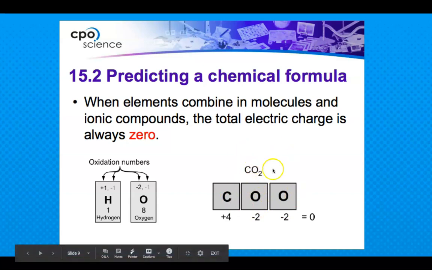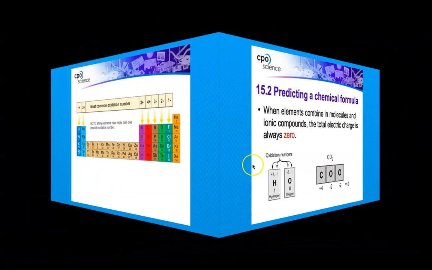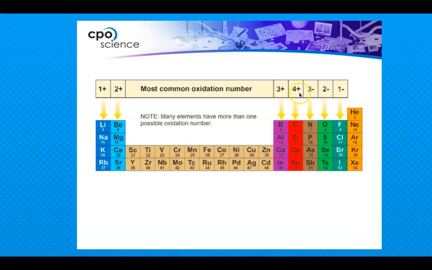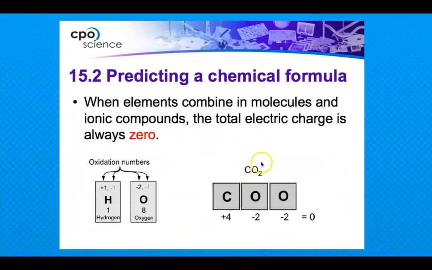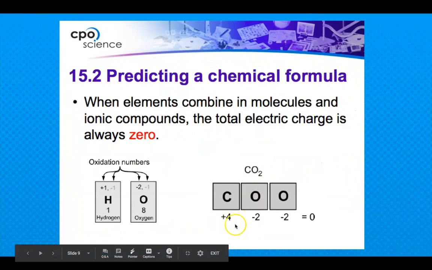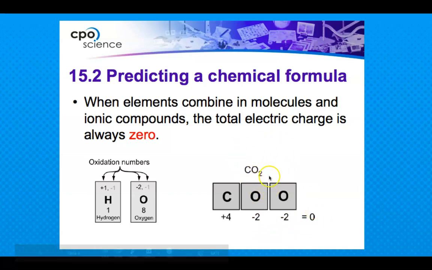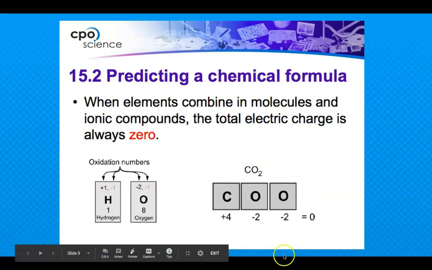So here we have carbon dioxide, CO2. Carbon, if we go back to this chart, has an oxidation number of positive or negative 4, whereas oxygen has an oxidation number of negative 2. So carbon dioxide with 2 oxygens will form because positive 4 plus a negative 2 plus a negative 2 equals 0, which is why there's 2 oxygen here. So carbon dioxide forms because the oxidation number adds to 0.